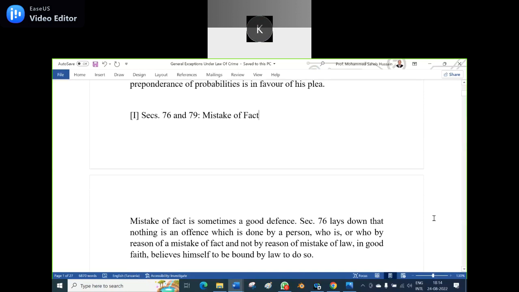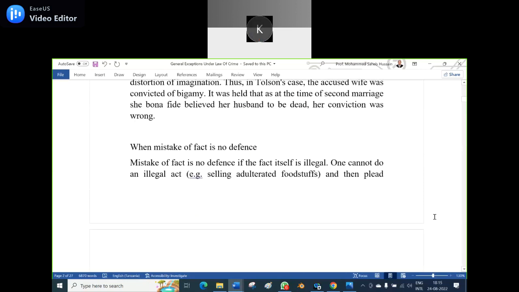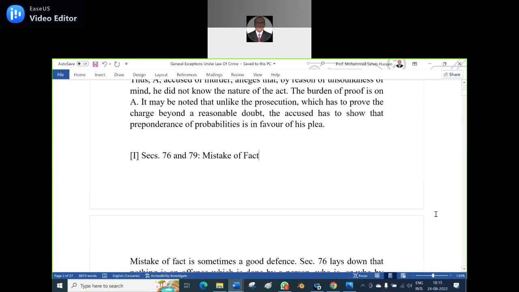The third one is accident, section 80. The fourth one, 79, is absence of criminal intention, sections 81 to 86 and from 92 to 94. The act done by consent is the fifth one, sections 87 to 91. The sixth one is trifling act, section 95. And the last, seventh one, which we have discussed, is private defense, sections 96 to 106.